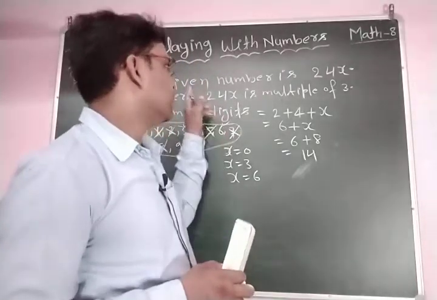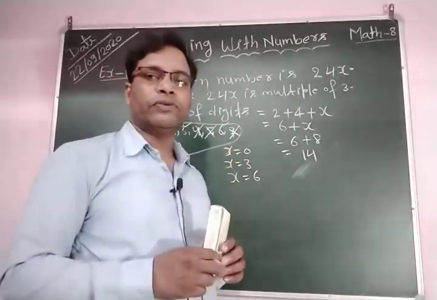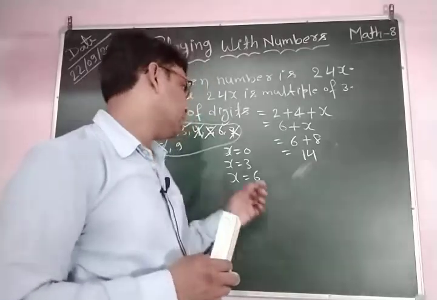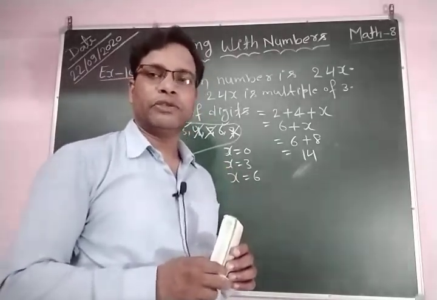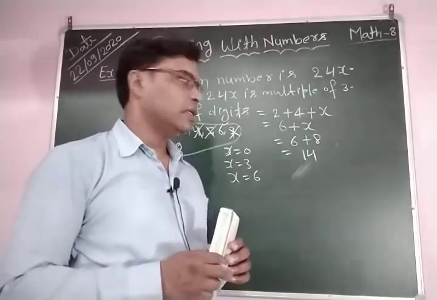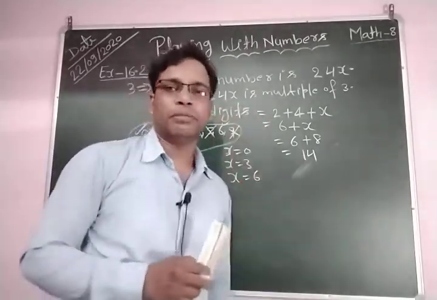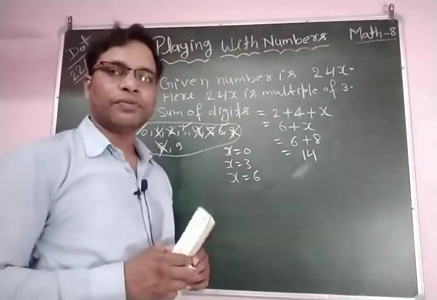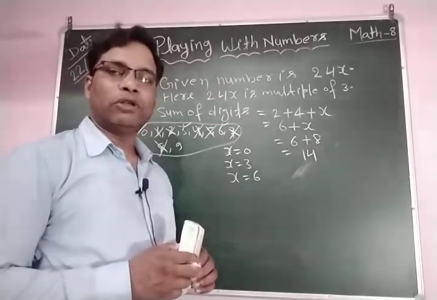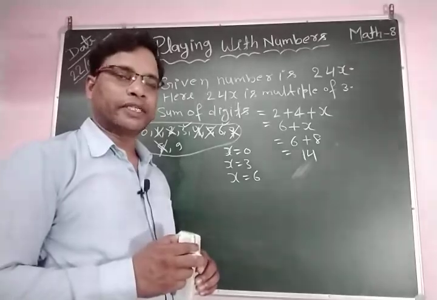But here the question told us that 24x is a multiple of 3. But if you put the value of x equal to 8, the sum of digits is not divisible by 3. Then we can say this number is not a multiple of 3. But the question says this is a multiple of 3. So the value of x equal to 8, we will reject it.